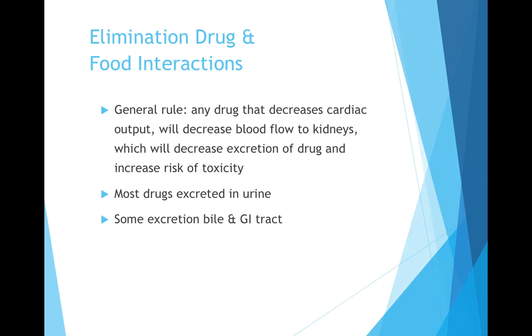So always be thinking about that. You just have to connect the dots and see how the function of our kidneys and the function of our liver, along with our circulation, are a dynamic that go back and forth that can increase or decrease drug concentration in our body. Most drugs are excreted in the urine, as you know. Some are excreted in bile and in the GI tract.